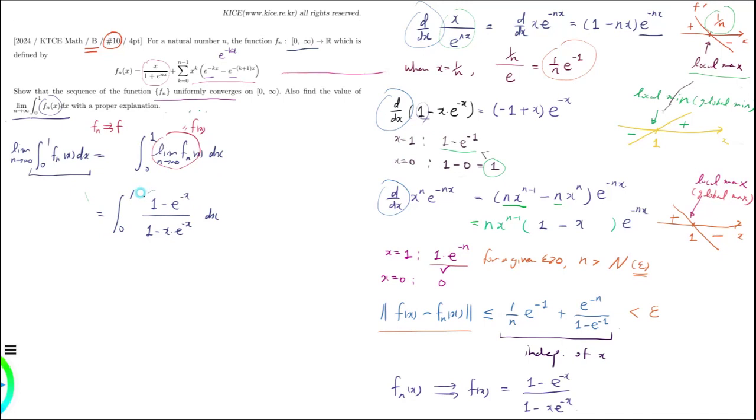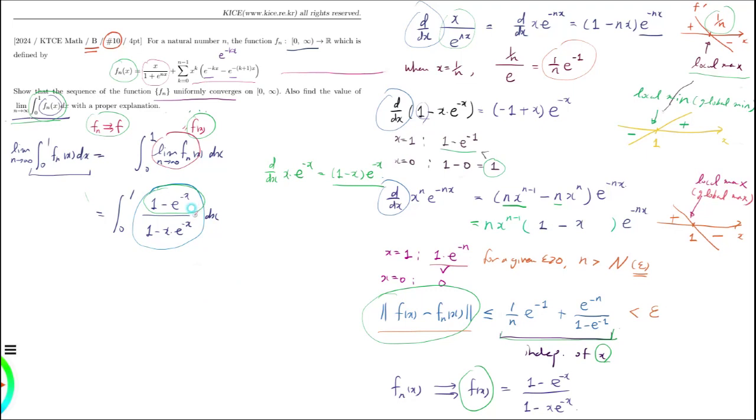What's good news is it has an antiderivative. I have to do something first. Let me multiply e to the x on both the numerator and denominator, and I have the integration from 0 to 1 of e to the x minus 1 over e to the x minus x. It looks better.